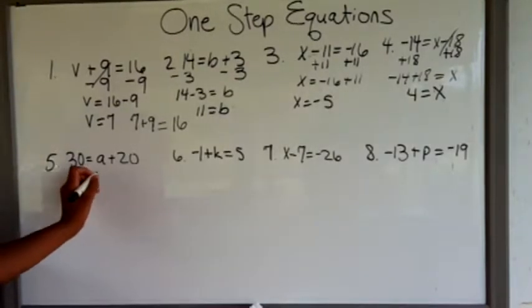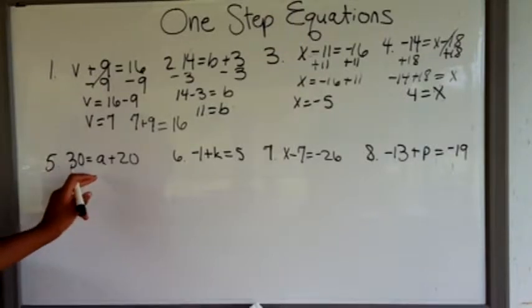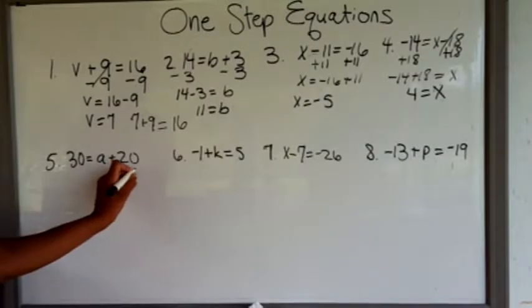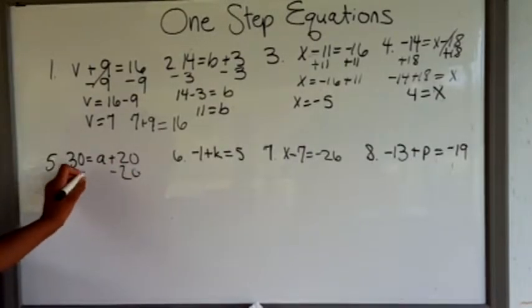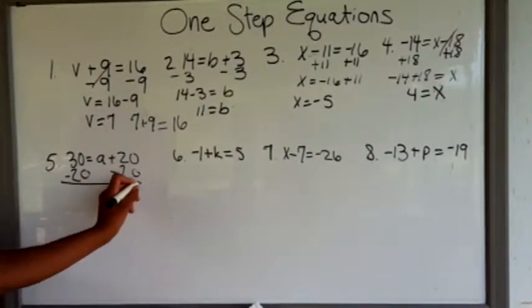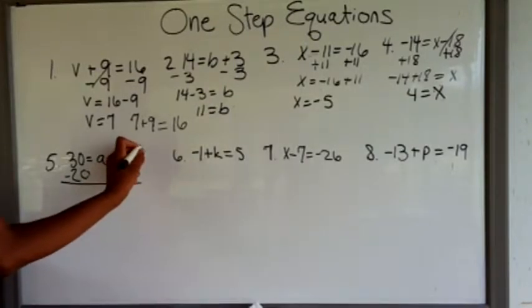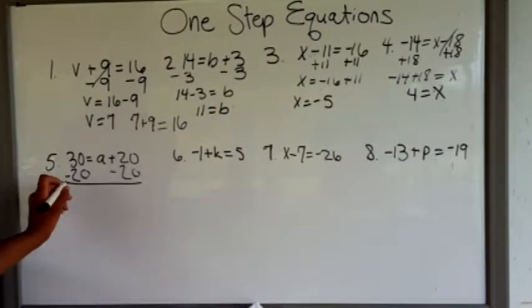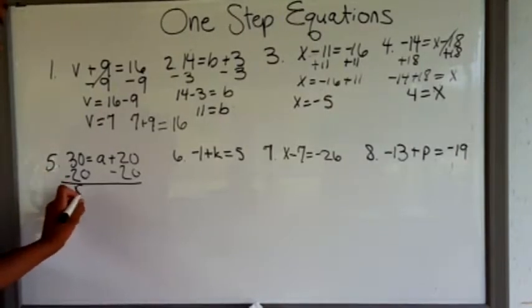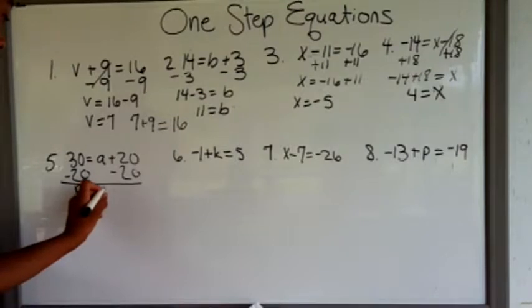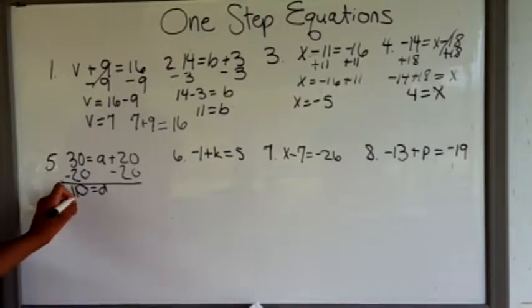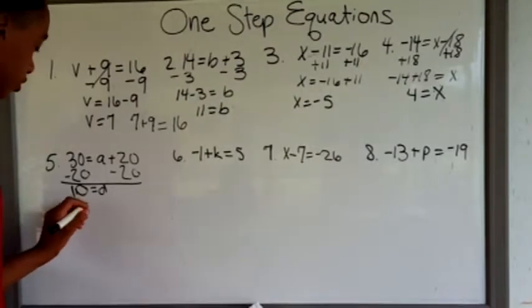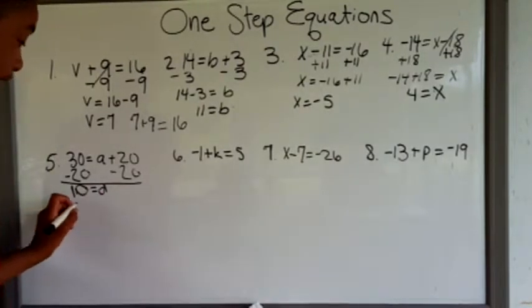So the thing is 30 minus 8 plus 20. So you subtract 20 from both sides. And so you cancel out the two 20s. And so what you now do is 30 minus 20 equals 10. And 10 equals 8. And to make sure that you're correct, you add.